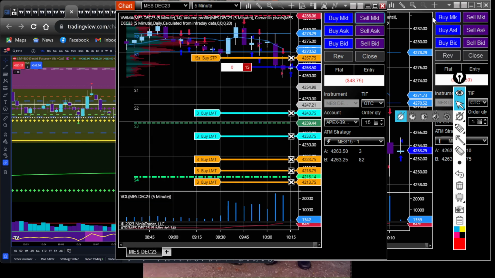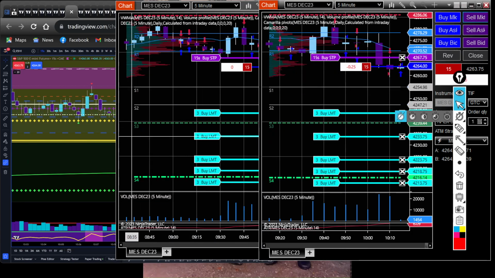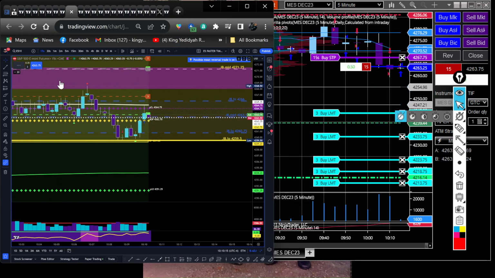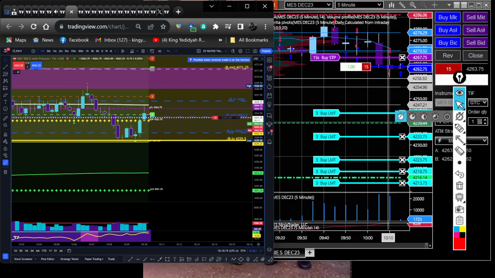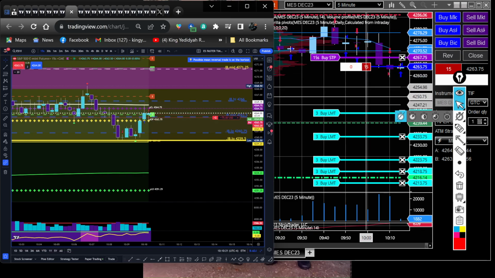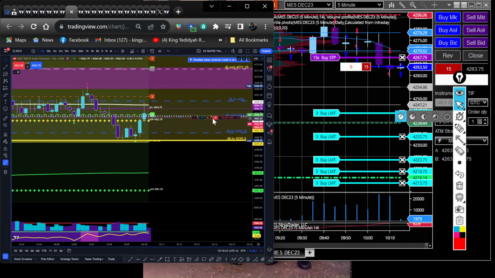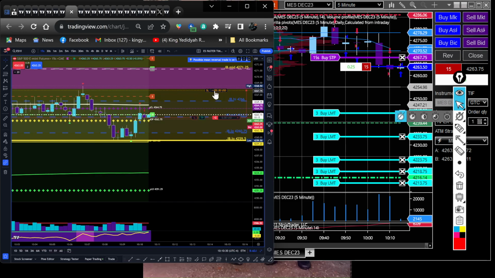But you know what? Right here on this rejection of VWAP, this retest, I'm gonna take another entry right here. And VWAP should hold as resistance. 42.67.75 is the stop. So let's see.